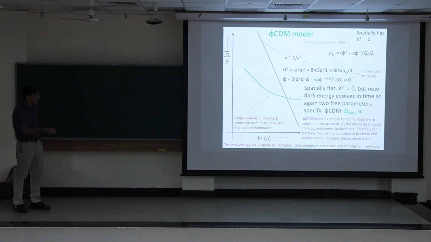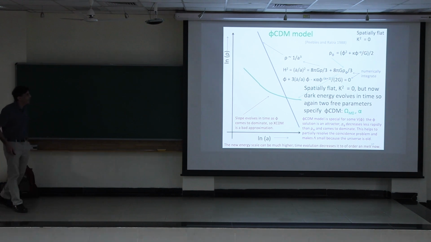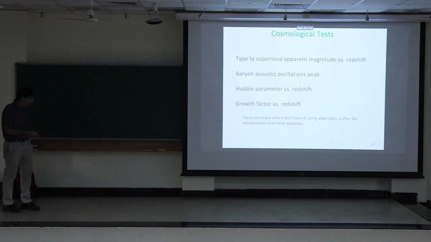So the free parameters I'm going to use for this are omega matter now and alpha, the index up there for the potential energy density. And so this new energy scale can be much, much higher than an MeV, and as the universe expands it drops to an MeV.